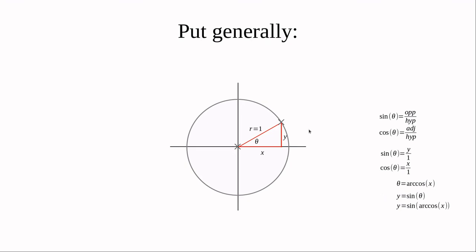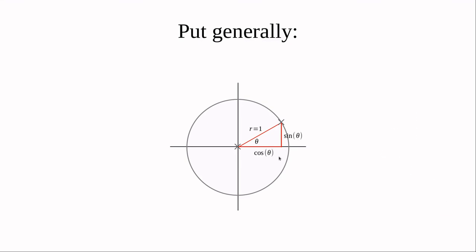If you look at our graph again, you know that x squared plus y squared equals 1, and that's from Pythagoras, of course. But we also know that cos theta is x and sine theta is y. So if we swap those out, we now have cos theta squared plus sine theta squared is 1 squared.